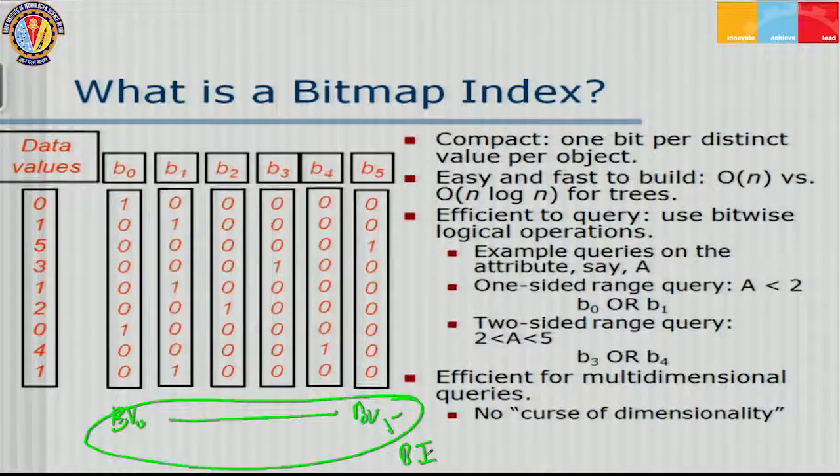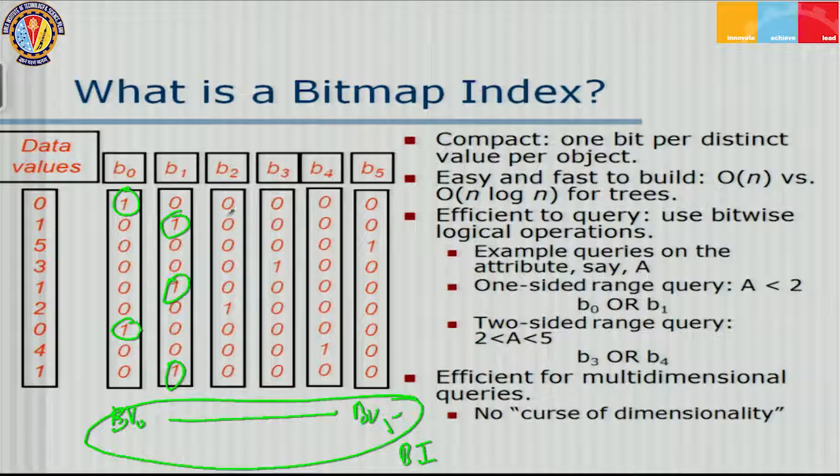Okay, so a bitmap index, as you can see, is nothing but a matrix. Look at B0: what are the entries in B0? The first entry is 0, so that is why there is a 1 here, and wherever there is a 0, I'll put a 1. B1: wherever there is a 1, I'll put a 1. Here there are 3 1s.